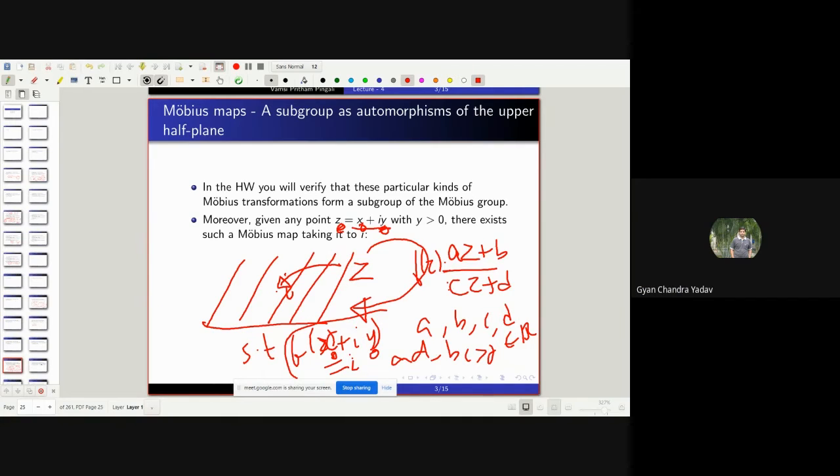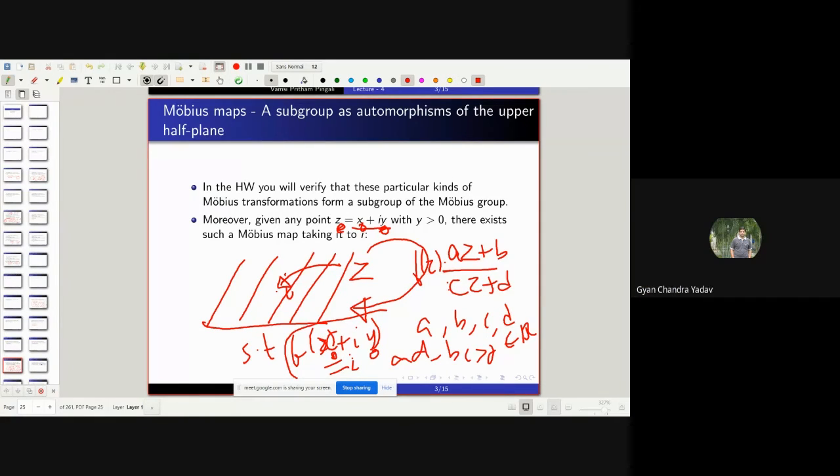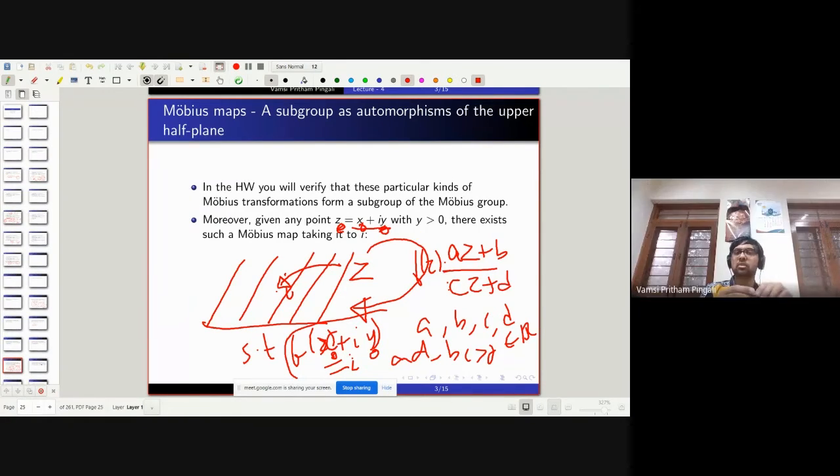So basically, upper half plane to upper half plane and z to i. Yeah. So my point is, why does it not follow from the earlier result where we said any 3 points can go to any 3 other points by means of a Mobius map? That seems to have proven something even better, right? Yes. So what's the catch?